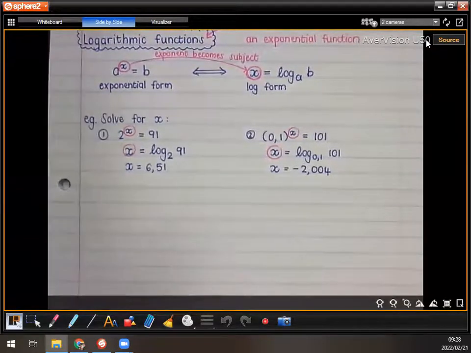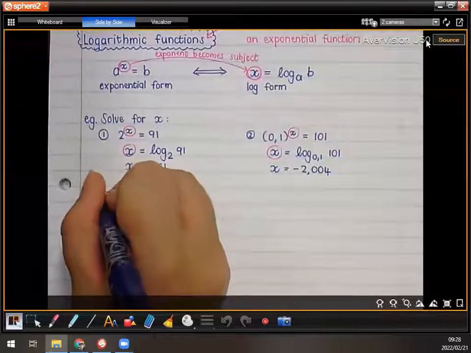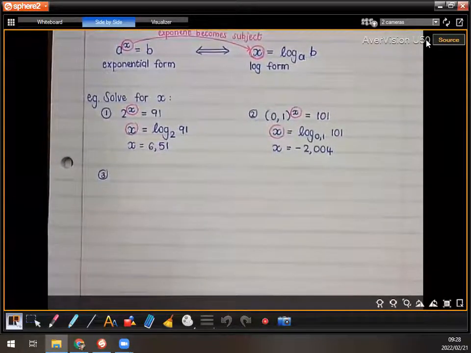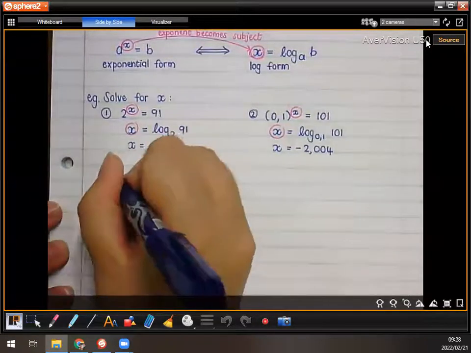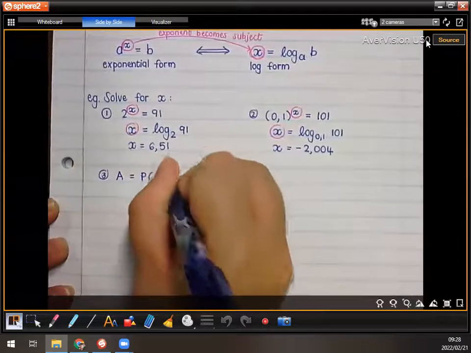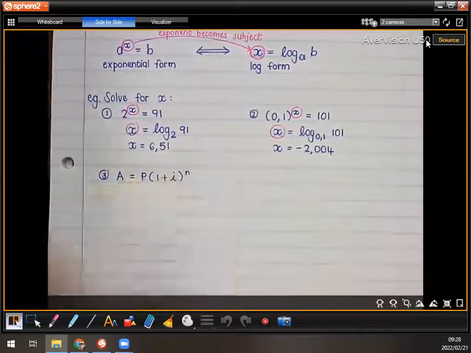Now, guys, maybe you remember this from grade 9, where you learned about simple and compound interest. Right, you guys remember those formulas? Simple interest and compound interest. You guys remember the compound interest formula? It was A equals P bracket 1 plus i to the power of n.